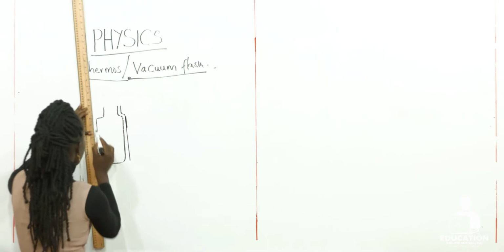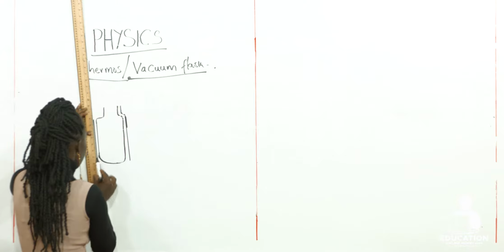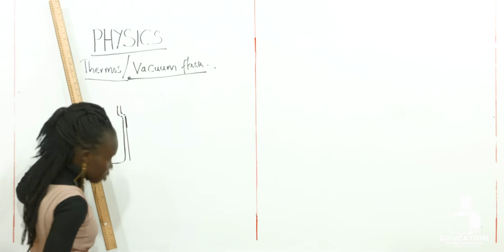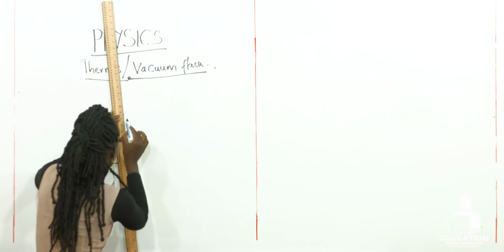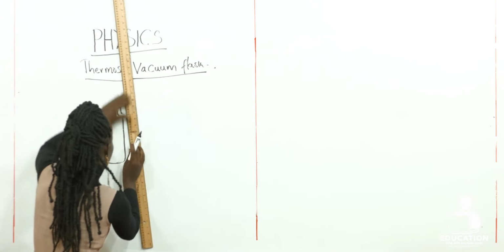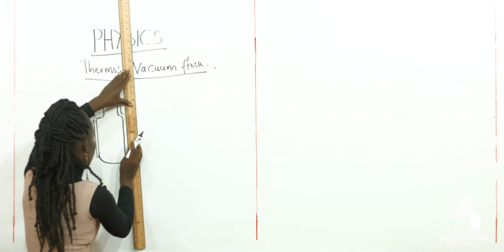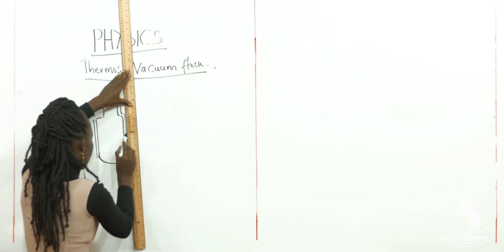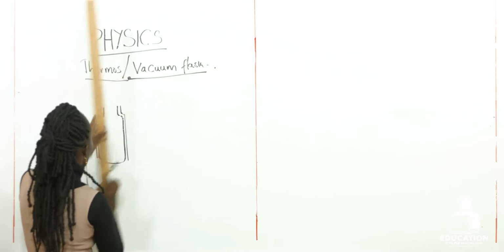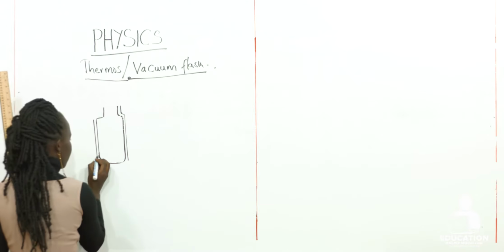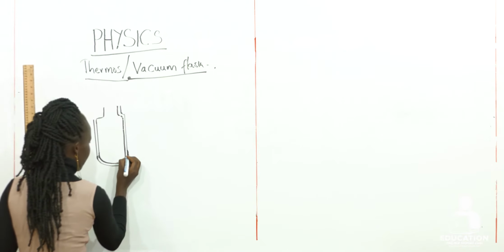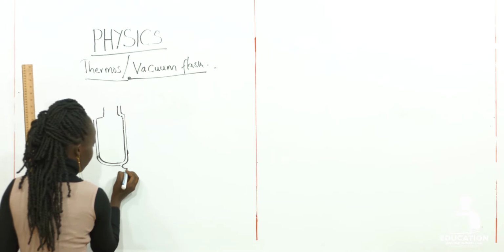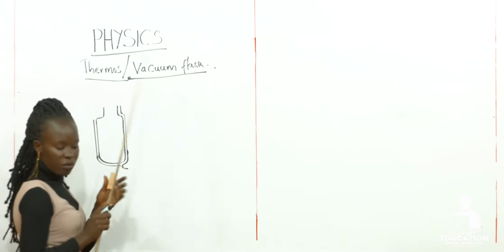Let's have that. Okay, this is our next silvered surface. So what is it having again? We said it has a vacuum seal, so we need a provision for the vacuum seal.